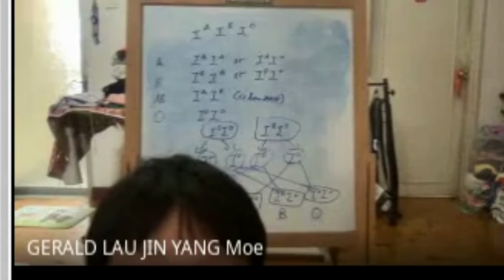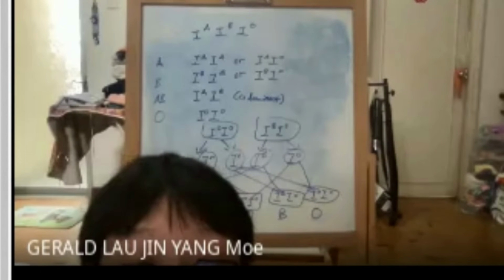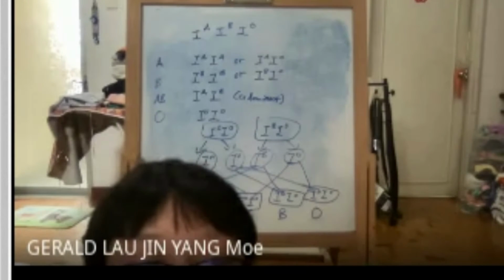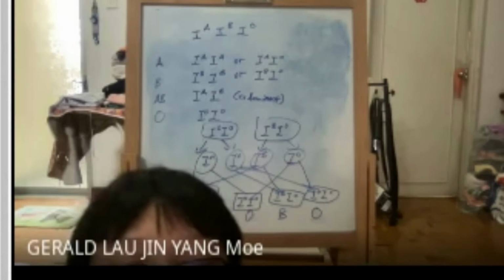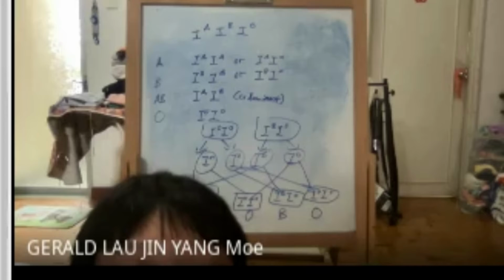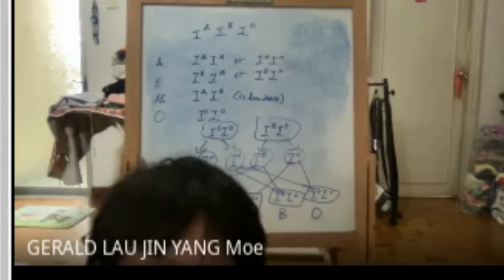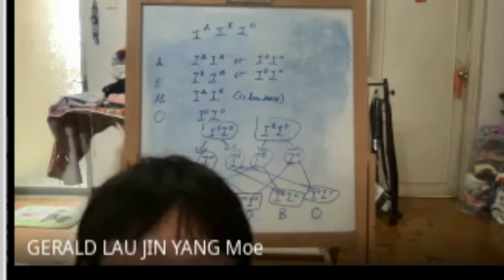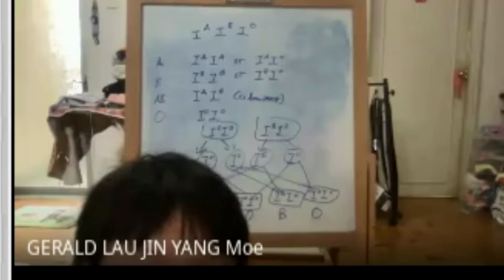Mother normal, father carrier. Let me think about this first. Sex linked inheritance. Okay. Carrier means they are heterozygous. Okay. Thalassemia carriers will be heterozygous.